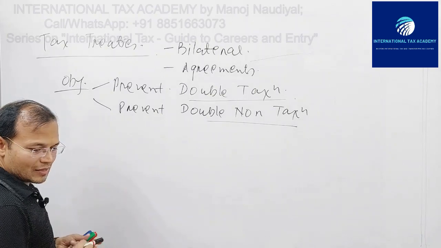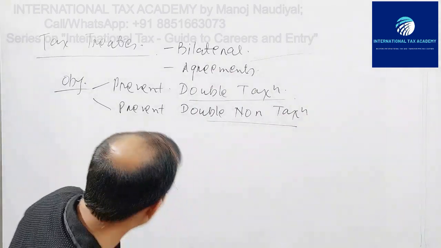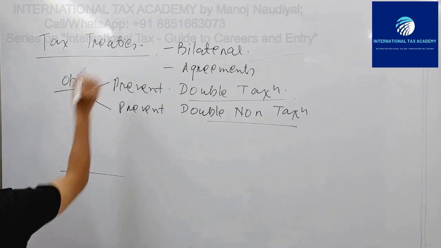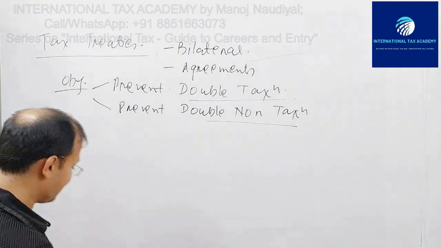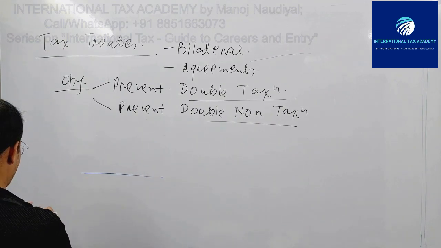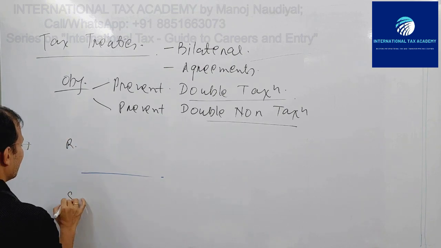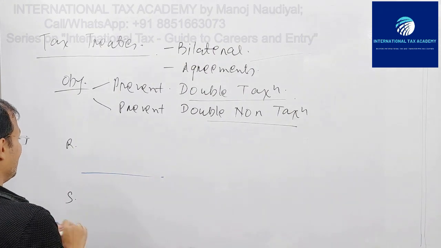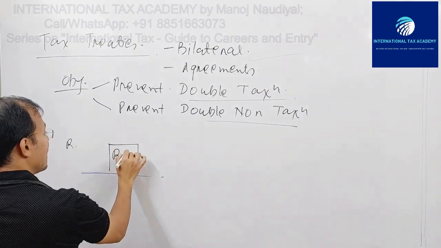These are the two major objectives, and I'll give you one example of how double taxation of income occurs. Let us take an example wherein we have two countries, country R and country S. In country R we have a company named RCO.